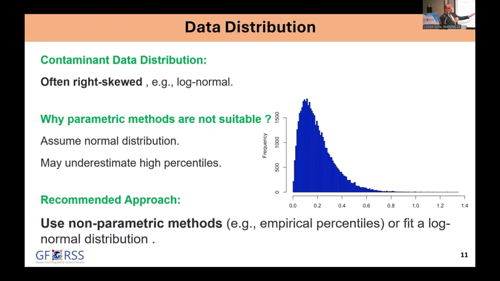We need to use what we call percentile, which is more used with non-parametric methods. To make the long story short, since the data distribution of contamination in products follows a non-parametric or skewed shape, we need to use percentile instead of other methods in order to generate our MLs.